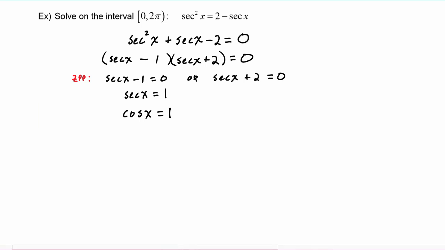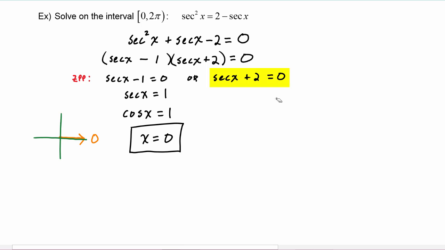We can draw this picture, and we know that cosine of x is equal to 1 only here at 0. So the solution to this first piece is that x is equal to 0.